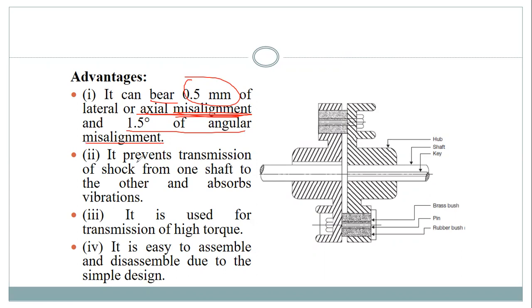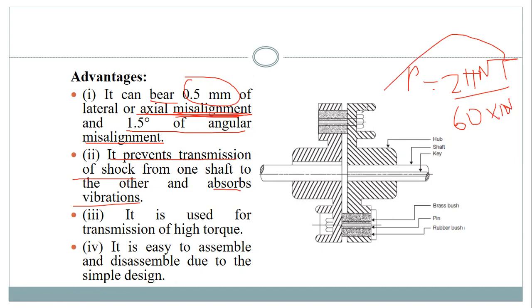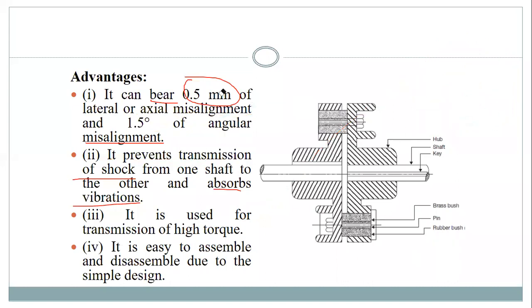It prevents transmission of shocks from one shaft to another, and it absorbs the vibrations as well, which the rigid couplings couldn't do. Like I said, torque transmission is the biggest function of the coupling, right? So it is used for transmission of a high amount of torque. Again, the assembling and disassembling of these couplings can also be done easily.